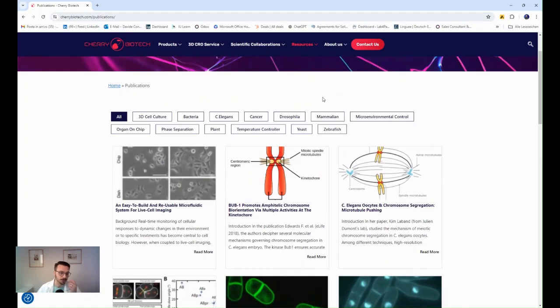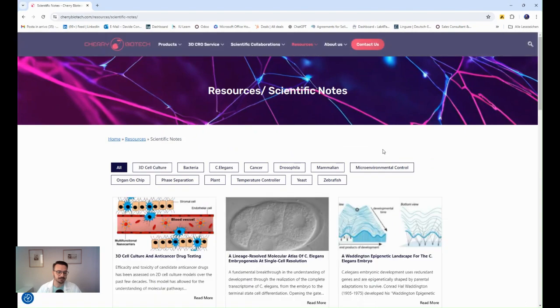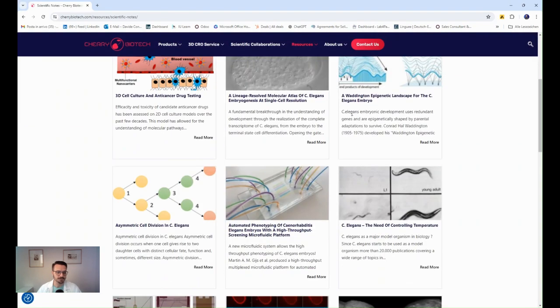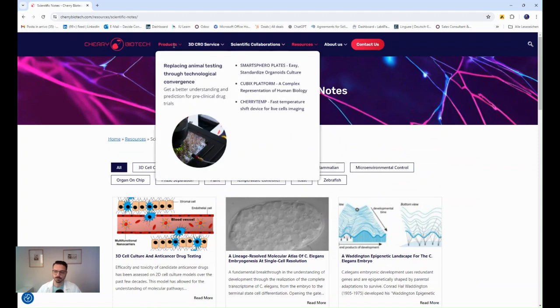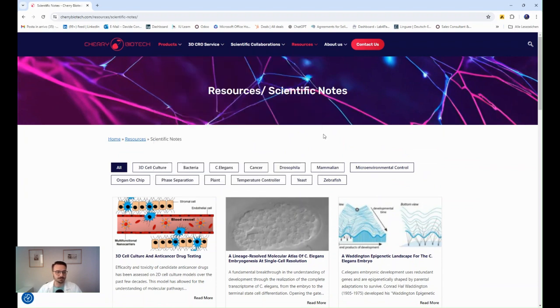They obviously have a lot of work done inside. There are different scientific notes and protocols available, and they've been working really well in the past. So as far as the biological accuracy is concerned, we see that they have a lot of different models. Obviously, here they are allowing for organoids to be created.